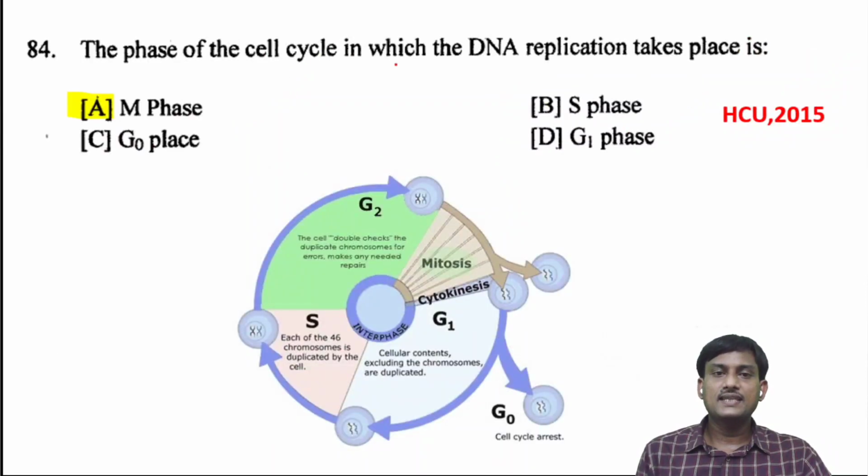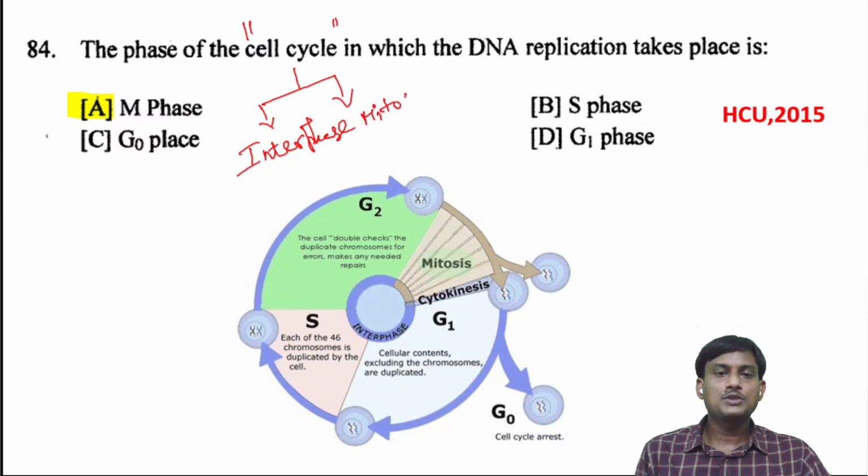The phase of the cell cycle in which DNA replication takes place is? In the cell cycle we have different phases. You have two main phases, interphase and the mitotic phase. In interphase we have G1, S and G2.